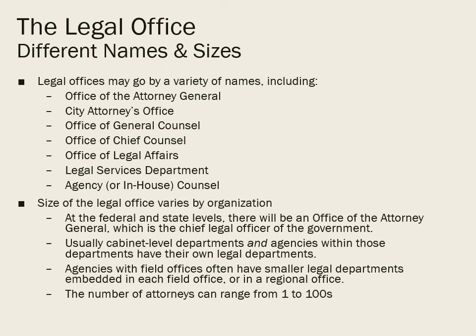And the number of attorneys at any organization can really range from 1 to hundreds. I have worked for a research and development nonprofit. I was the only attorney. I eventually got a paralegal. I have worked at a big law firm where obviously I'm just surrounded by other attorneys. Right now, as I work for a public university, there are 9 of us who are attorneys, plus we have a paralegal and 1 administrative assistant.